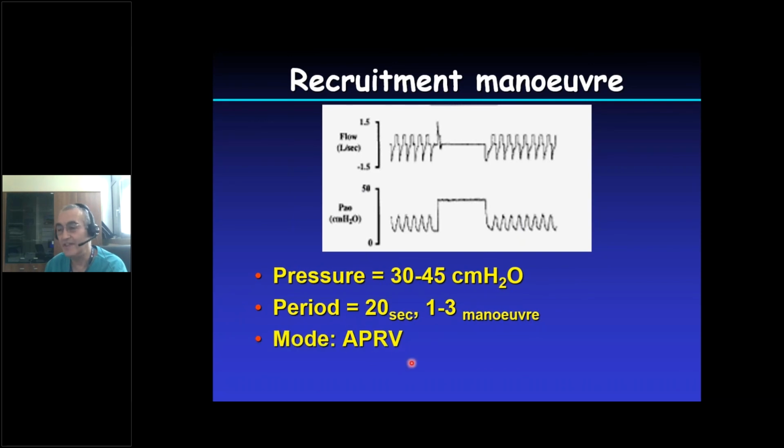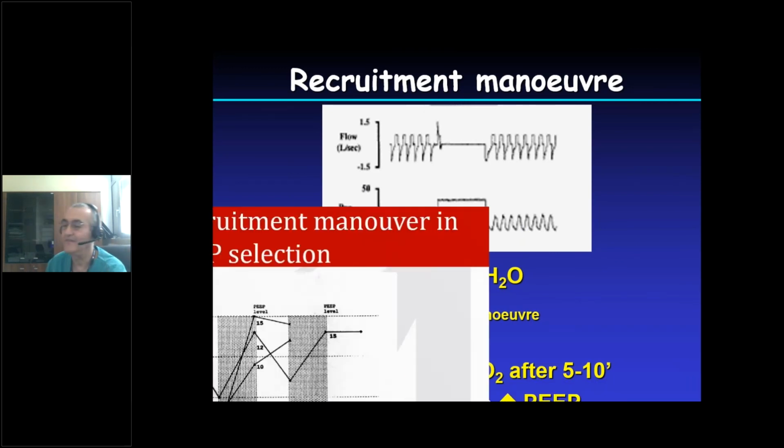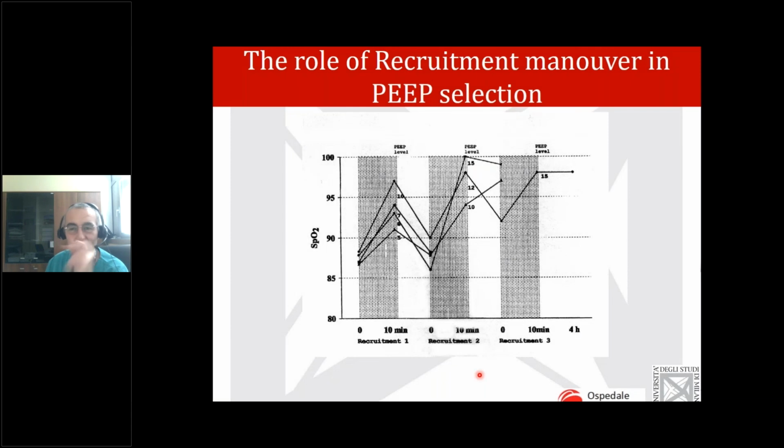The mode that I use is APRV. During the maneuver, I check the blood pressure, and following that, I look at saturation, PO2, and other factors. But let's start with the saturation that I know is very popular. Well, I don't know if it's popular, you let me know.